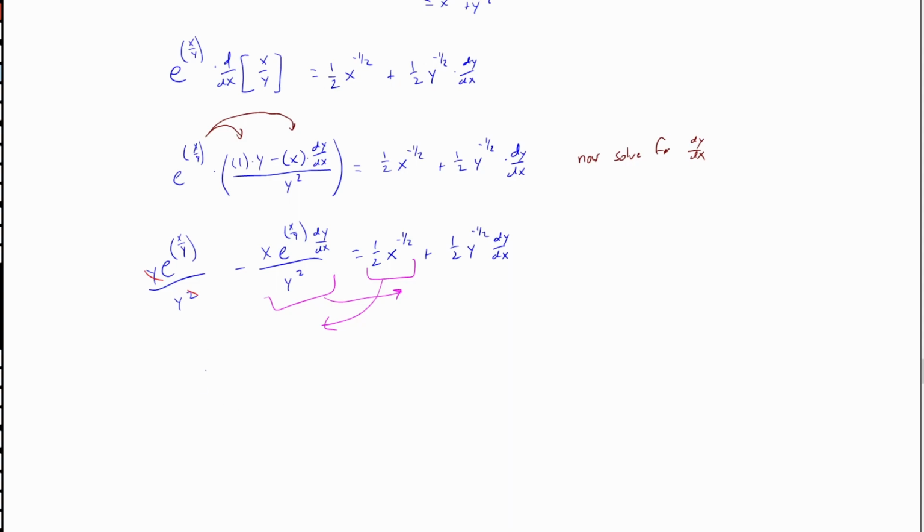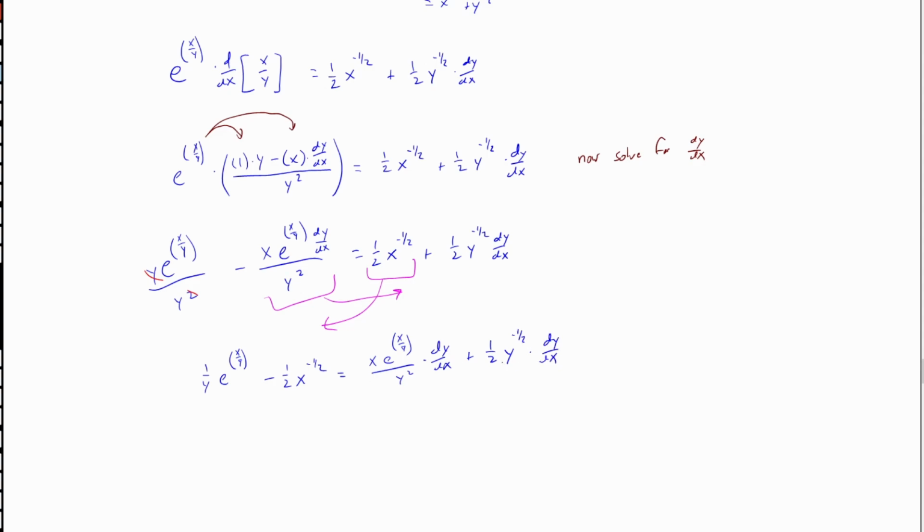So I have 1 over y e to the x over y minus 1/2 x to the negative half equals x e to the x over y squared times dy/dx plus 1/2 y to the negative half times dy/dx.